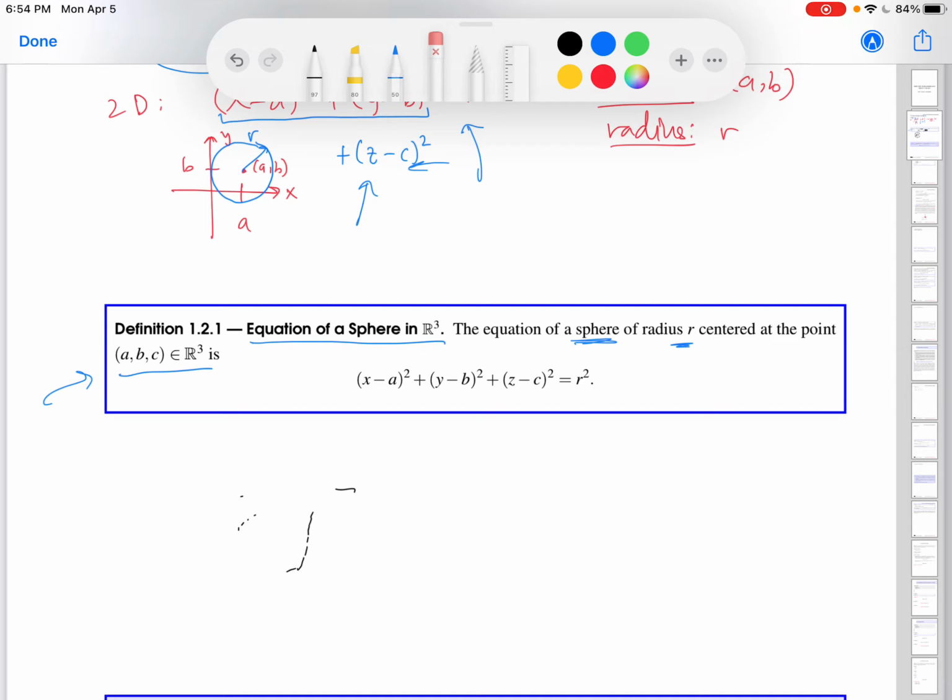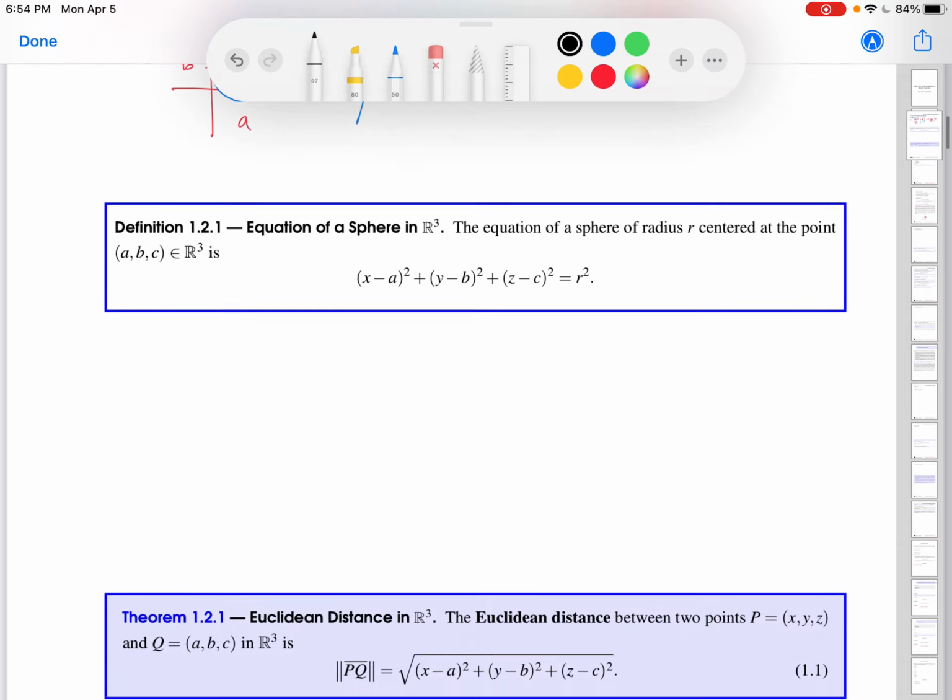So what I want to do now is make this connection even more explicit by talking about the other view, which I alluded to earlier, of what a circle is: the view of a set of points equidistant from a center.